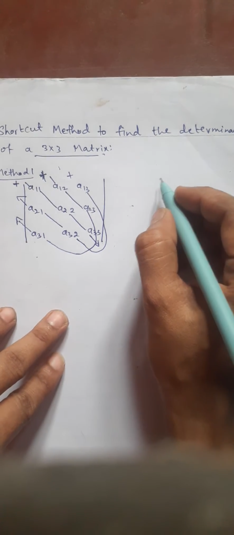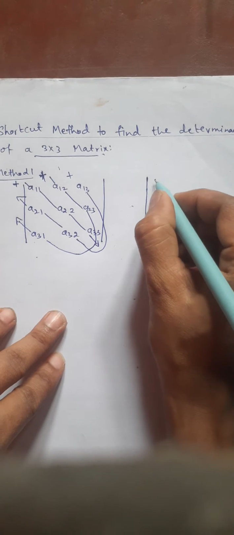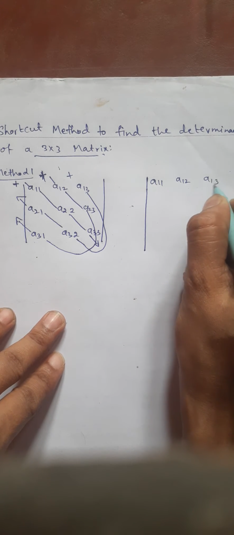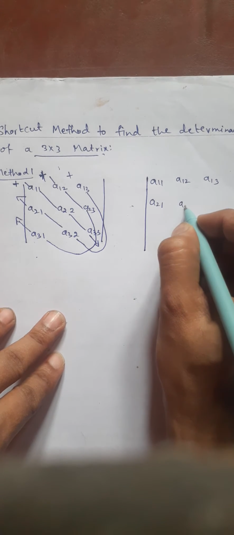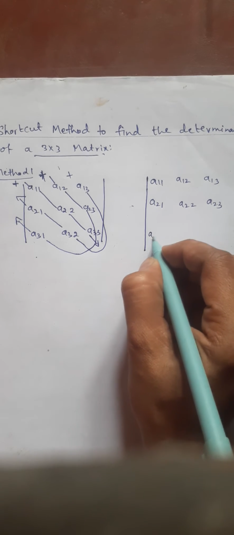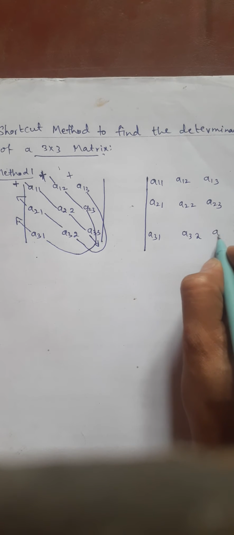For this you have to subtract three more terms. A11, A12, A13, A21, A22, A23, A31, A32, A33.